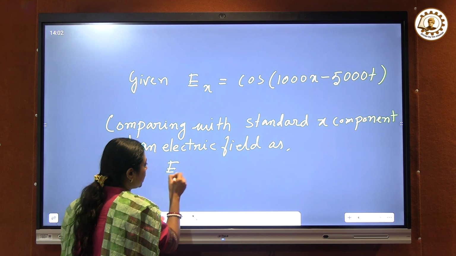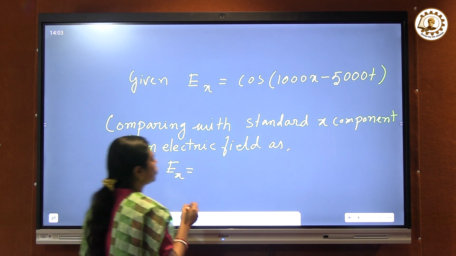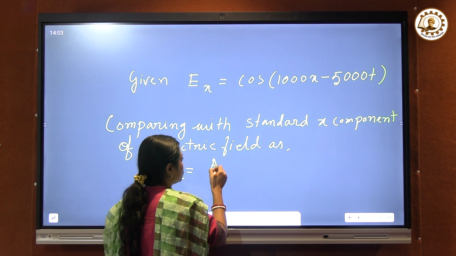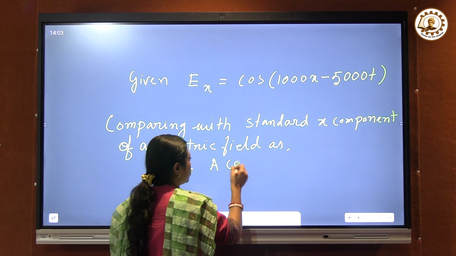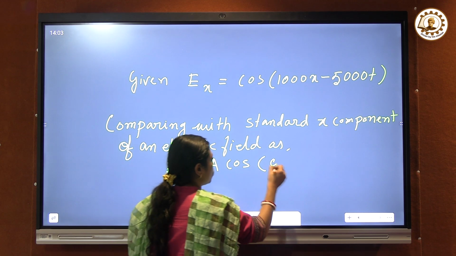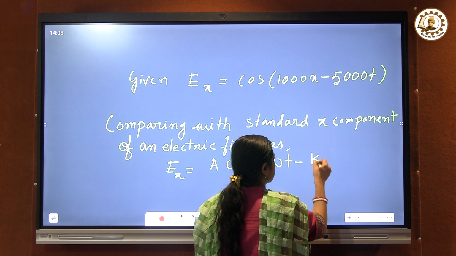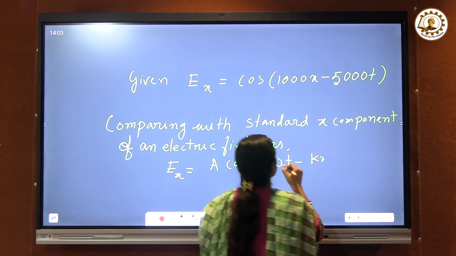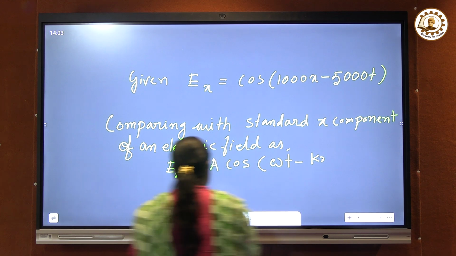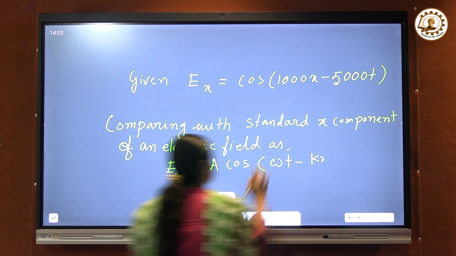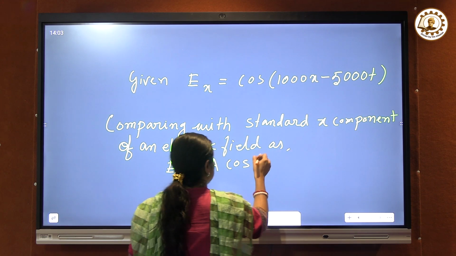It should be Ex equal to A cos(kx minus omega t), where A is the amplitude.